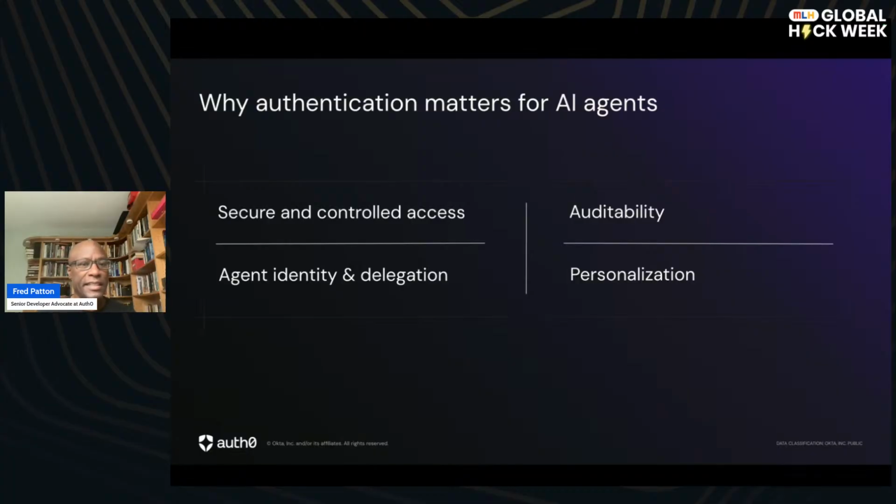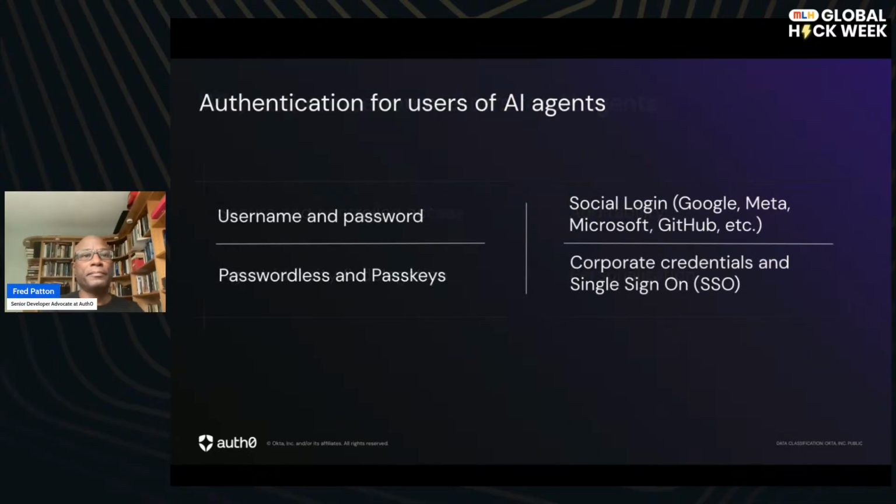Agent identity and delegation, like for a tool to do something on your behalf, and personalization. And not just personalization as previously, where you're just looking at your conversational history, but really, since now you have users connecting their external apps and their data, that's a whole new level of personalization.